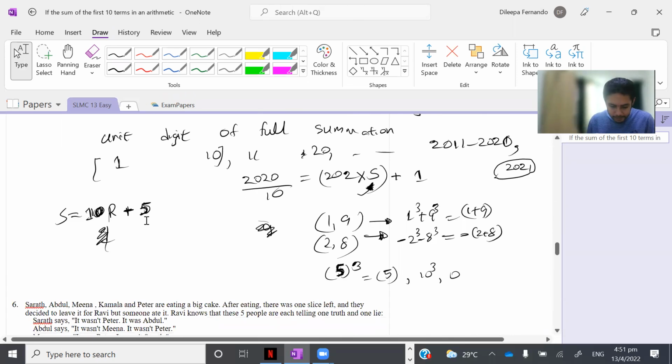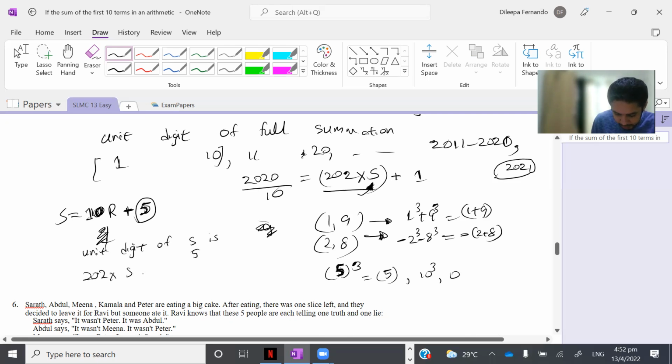Plus 5. And what you just have to do is, the unit digit of s is 5. And the unit digit of this 202 into s is, the unit digit of 202 is 2.